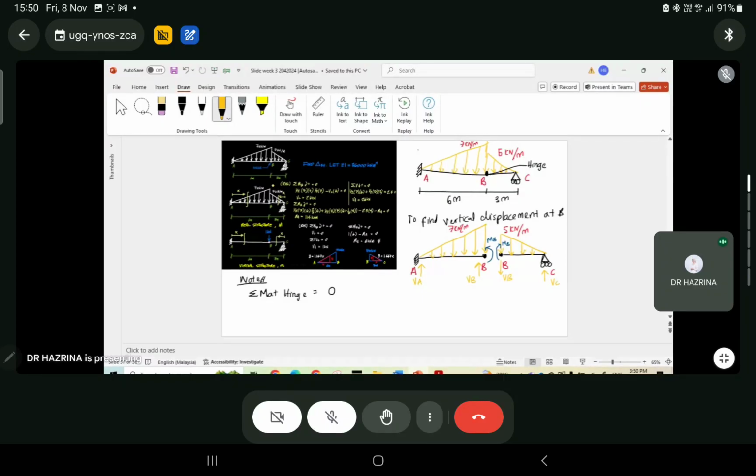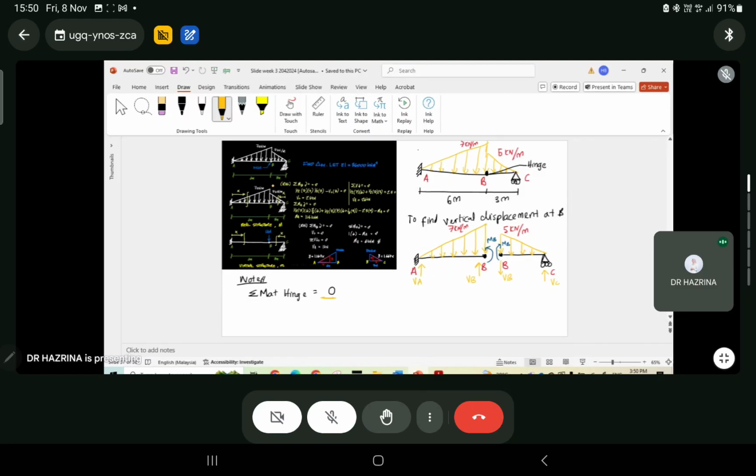So in total, when you analyze the structure, what you may find is that at B, the vertical forces will equal 0. It means VB minus VB, you will get zero. And then negative MB plus MB, you will get zero. So that is why at the hinge, when you calculate, you will find out that the moment at the hinge will be equal to 0.